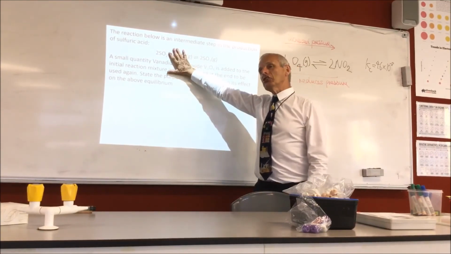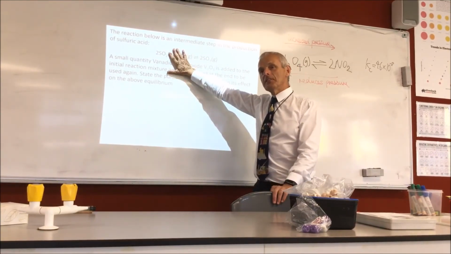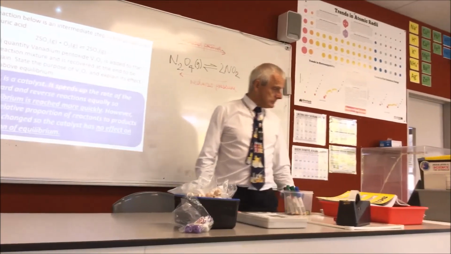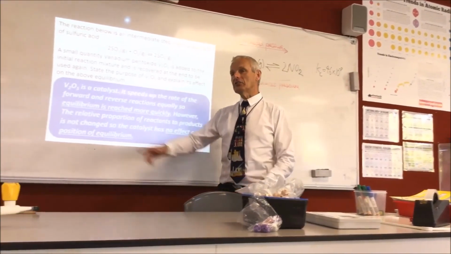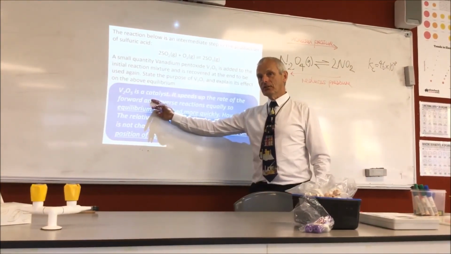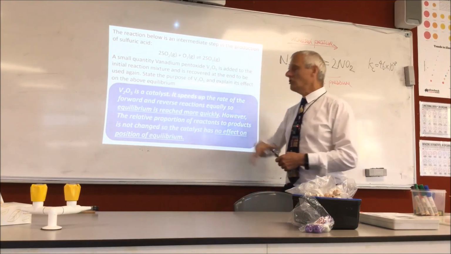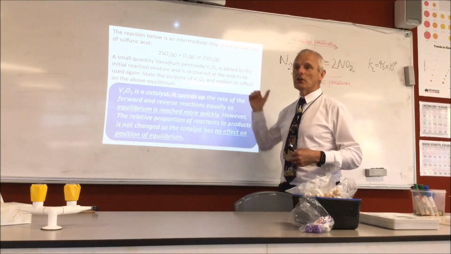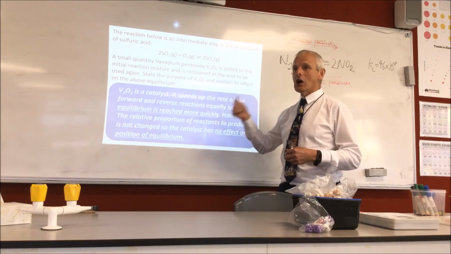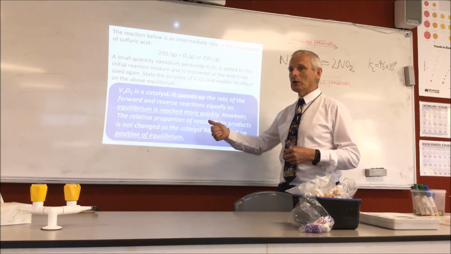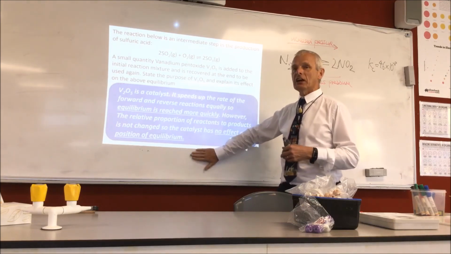It'll actually make the system reach equilibrium faster, but it has no effect on equilibrium. So say that it's a catalyst. Often that's what they're asking, what is the purpose of that? And then write the answer. It speeds up the forward and reverse rates equally. So it has no effect on the position of equilibrium. It just means you get there faster.